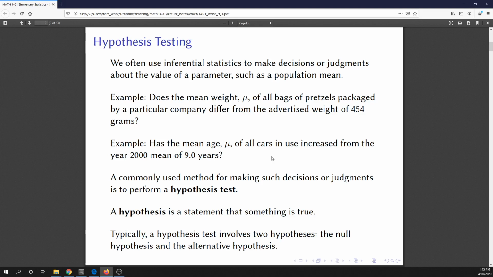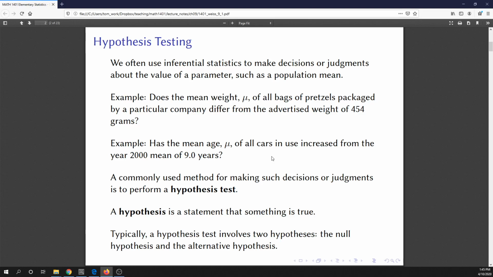And so you would take a random sample of cars, and then calculate the mean of the sample. Then based on that sample, you're going to make some decision about, is this true or not? Has the mean age increased from the 2000 mean of 9 years? That's sort of the decisions we are talking about making.